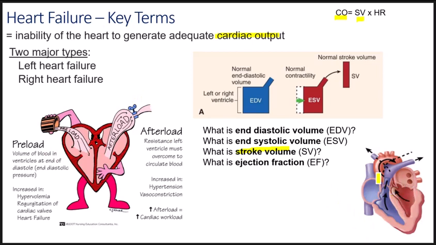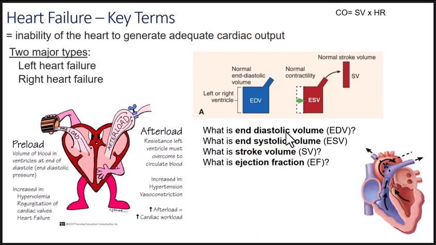The volume that it pumps out with one contraction is your stroke volume. And we multiply that by heart rate. So we're multiplying it by a factor of time. Heart rate is the number of times that your heart beats per minute, and that provides us with our cardiac output, meaning how much our heart is pumping out per minute.